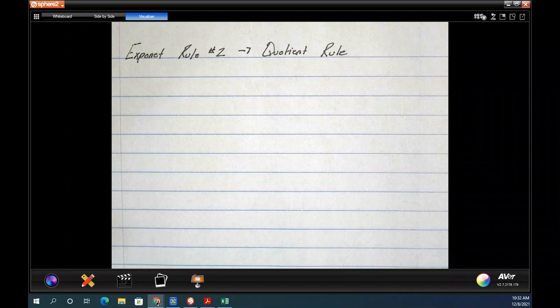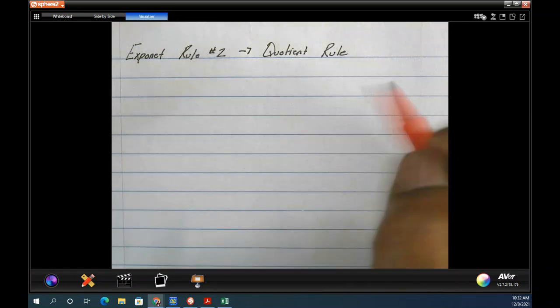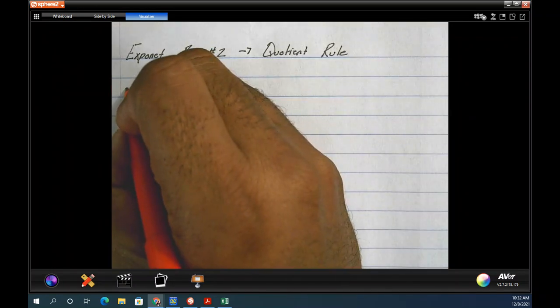Okay, exponent rule number 2, the quotient rule. Now, here's the thing about this.